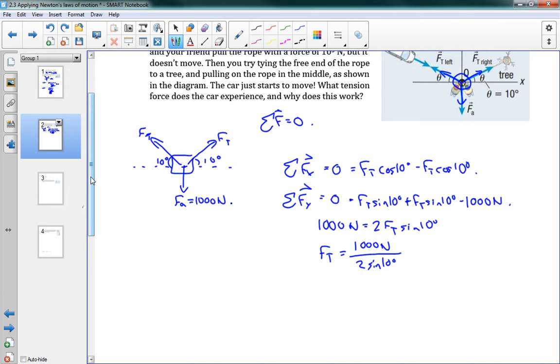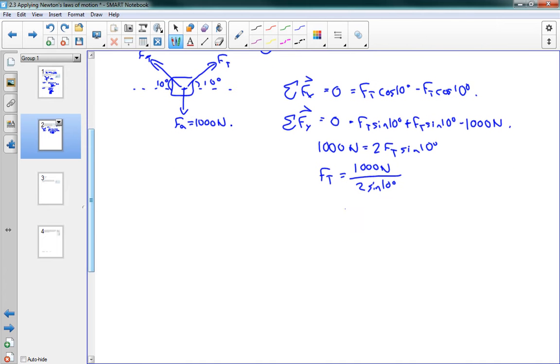And I will put that into my calculator, and it will give me 2879 newtons. And I'll round that off again to a nice 2900 newtons.